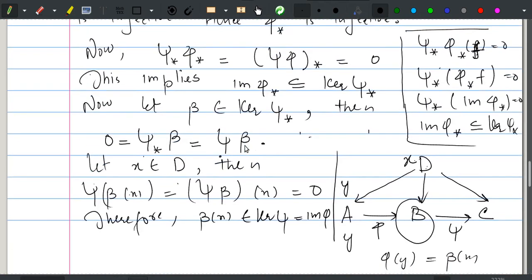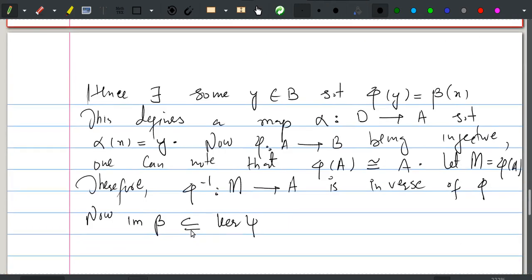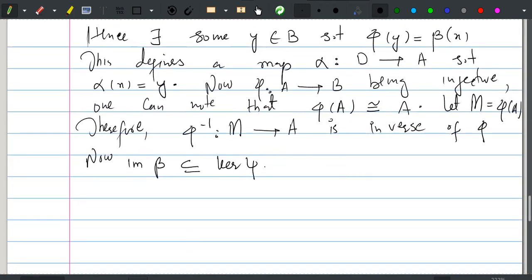This can be seen here. Beta of x is in the kernel of psi. That means the image of beta is contained in the kernel of psi. So this follows from this point. But this kernel of psi is actually equal to the image of phi, which is M.